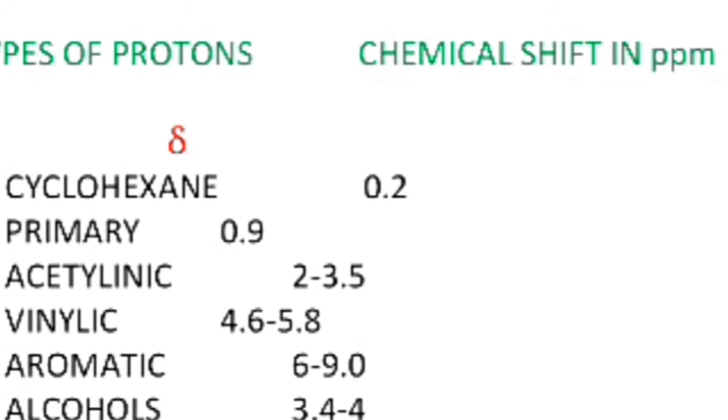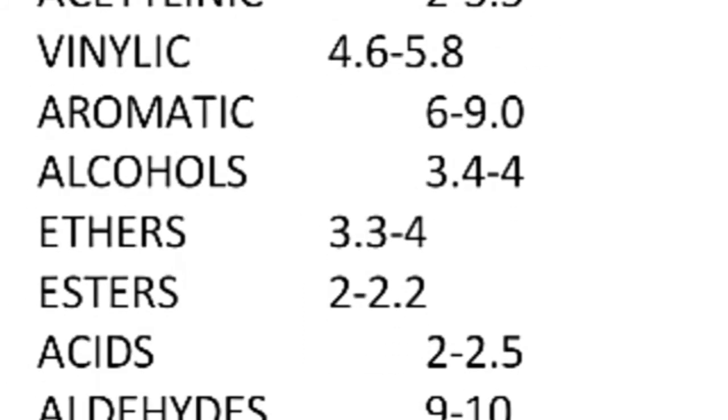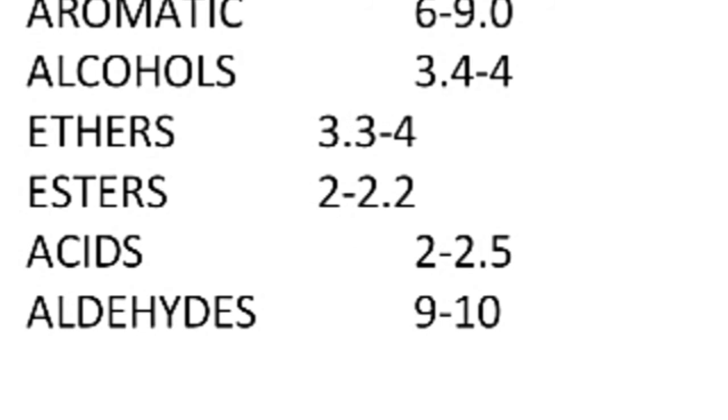For an organic compound, here are some of the delta values: cyclohexane 0.2, primary hydrogens 0.9, allylic protons 2 to 3.5, vinylic protons 4.6 to 5.8, aromatic protons 6 to 9, alcoholic protons 3.4 to 4, ethers 3.3 to 4, esters 2 to 2.2, acids 2 to 2.5, aldehydes 9 to 10.